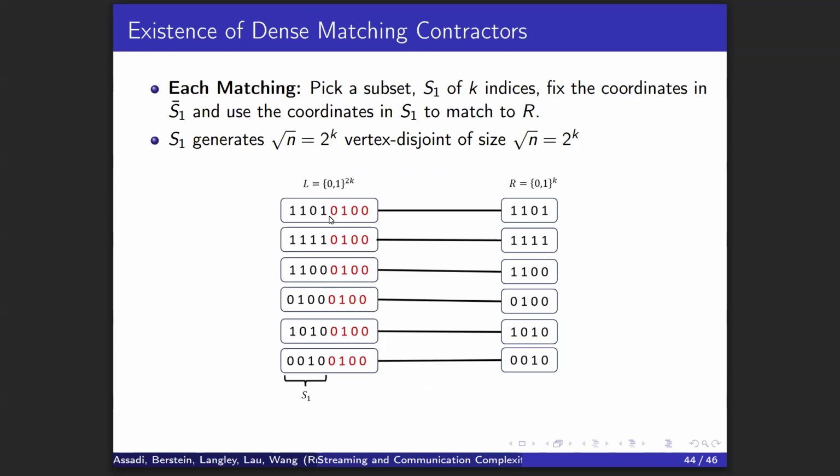I fix the bit string outside of these indices, which you can see in red, and I vary over all possible combinations of the bit string inside these indices. I use the varying indices to construct a matching of size 2^k, which is root N.